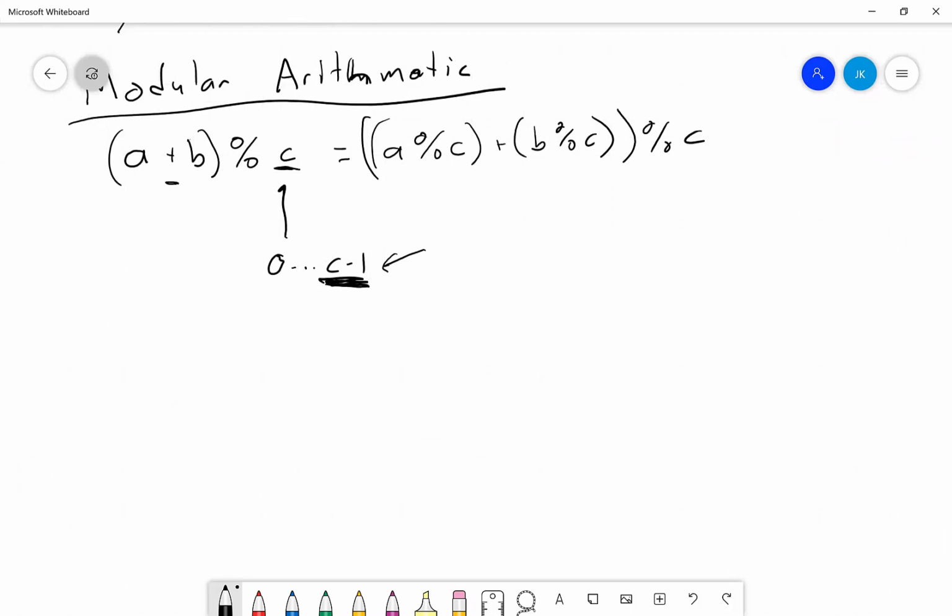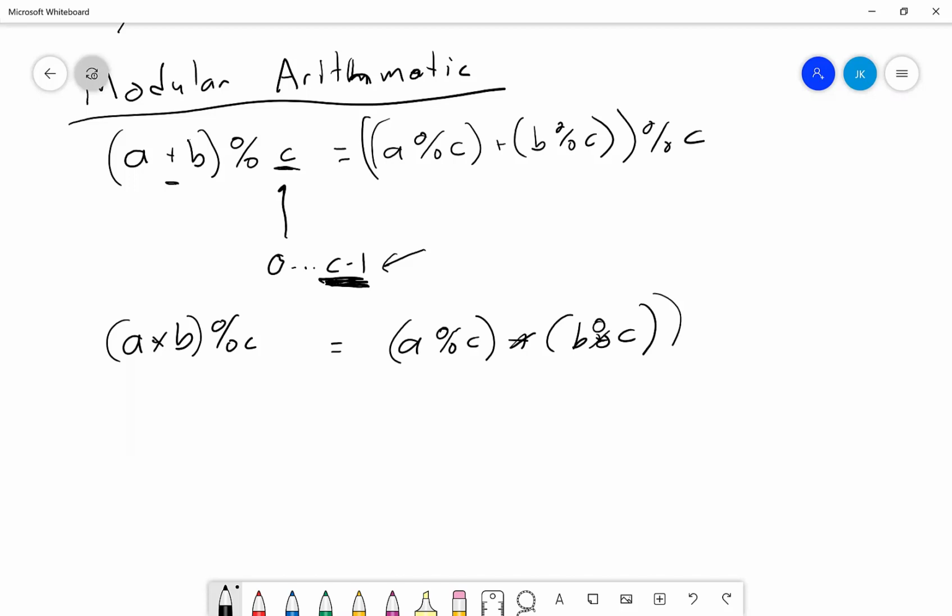You can do the same thing if you want to multiply two numbers, A and B mod C. Again, it's the same as A mod C times B mod C, and then the whole thing, again, mod C. The point here is each of these numbers is no bigger than C minus 1. If you multiply these two together, the product has no more than twice as many bits.